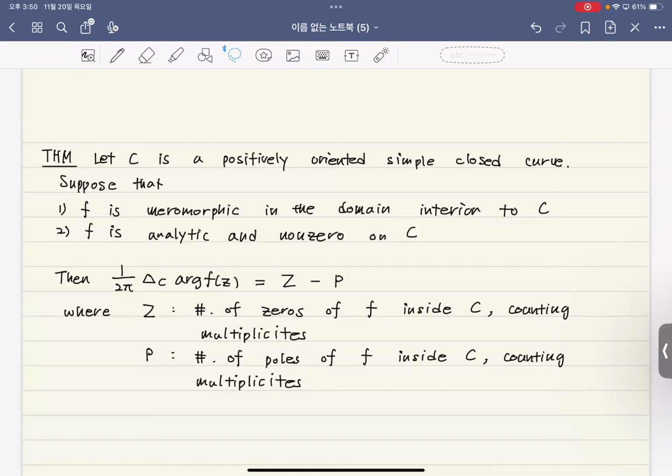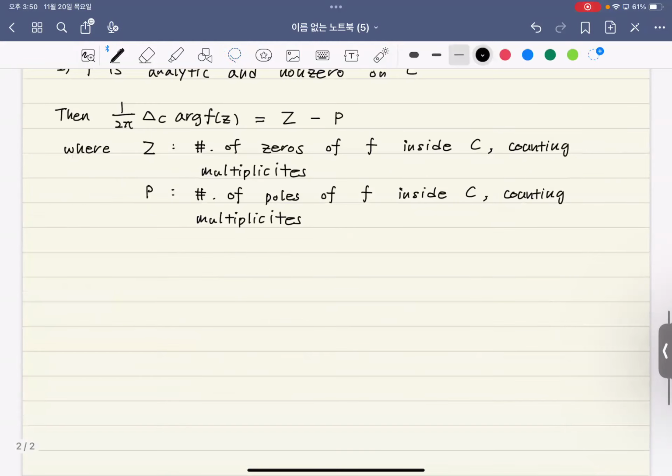Okay. Let me prove this. First, we will need to choose a parameterization of curve C from a to b.